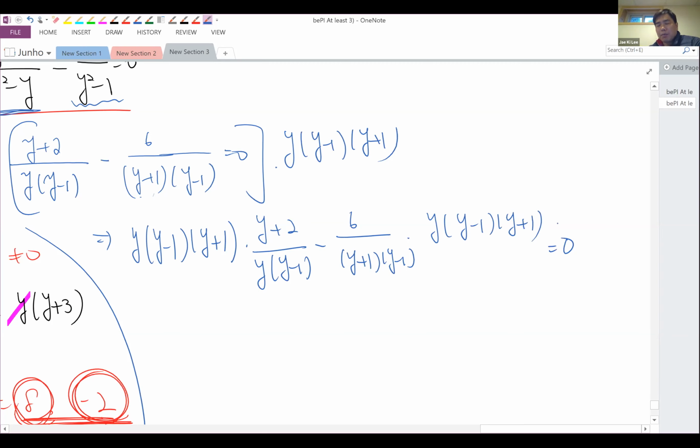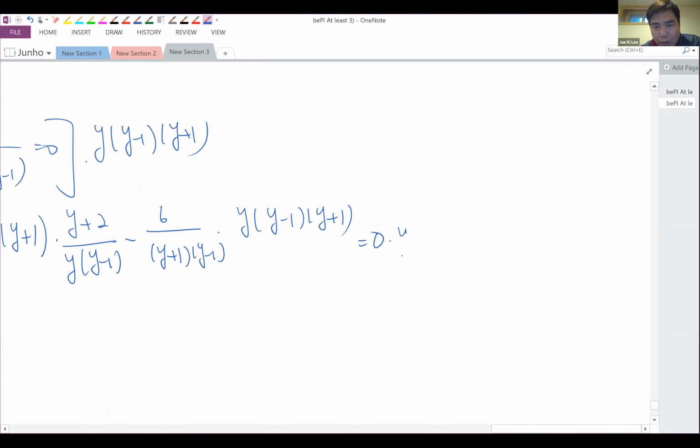Because 0 times all these common denominators becomes 0, so I'm not going to do anything. Is it okay with you? I'm supposed to multiply y plus 1, y minus 1 here as well, but 0 times this will be 0, so I don't do anything. Okay?